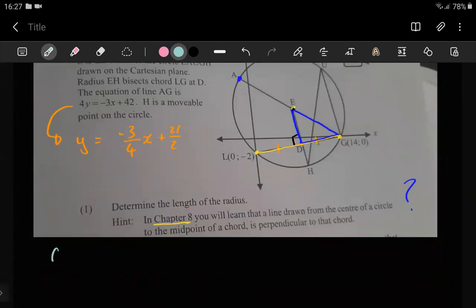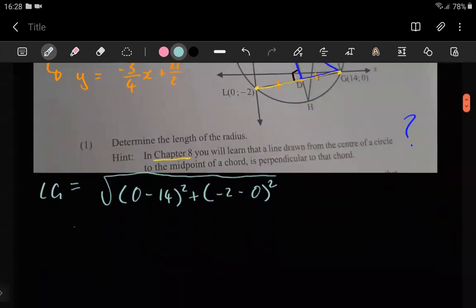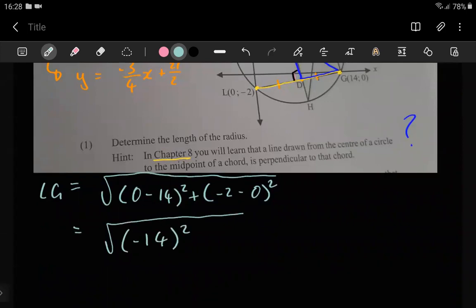The distance LG is going to be equal to the square root of 0 minus 14 squared, and then negative 2 minus 0 squared. This is going to be negative 14 squared plus negative 2 squared. What does this give us in the calculator?